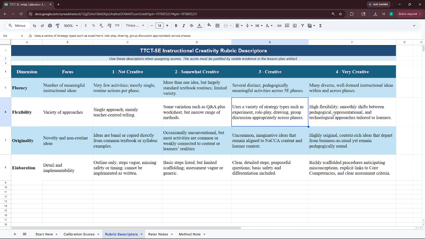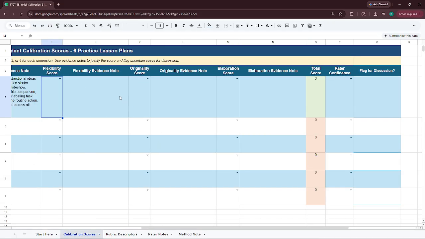Because here the demonstrations were mostly led by the teacher, it doesn't qualify to be very creative, but then it suits this part. So we go to the calibration score sheet and then flexibility is the third one. Then what is the note here?